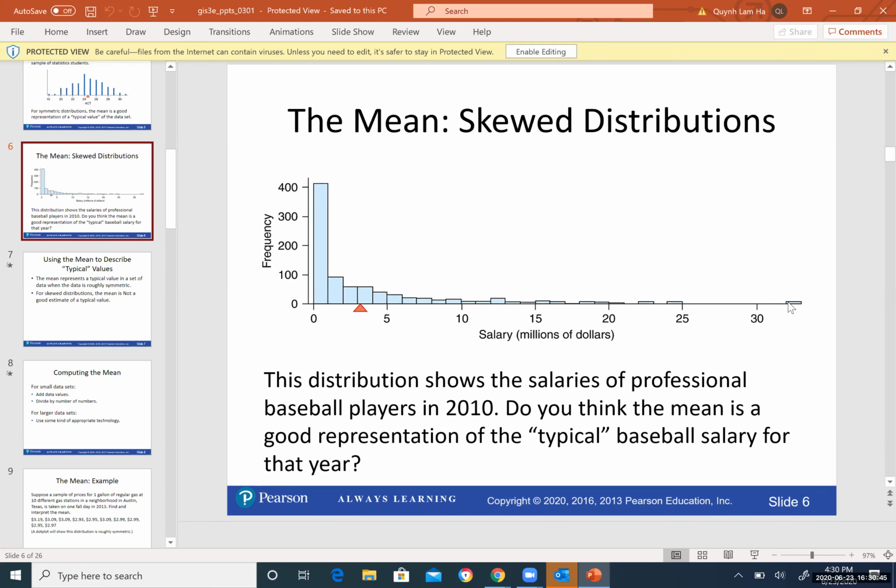However, you notice the leftover piece at the very outside, we call this an outlier. Maybe this box and that box we can call outliers too. The reason is this distribution is skewed to the right.